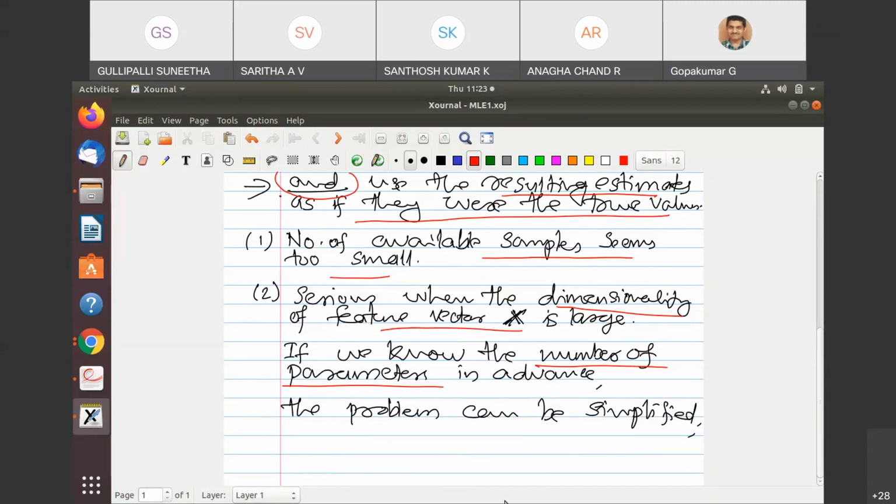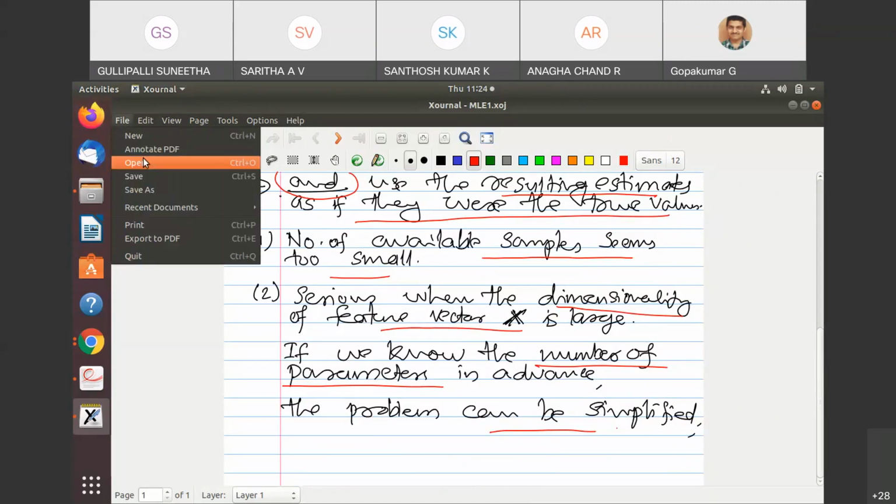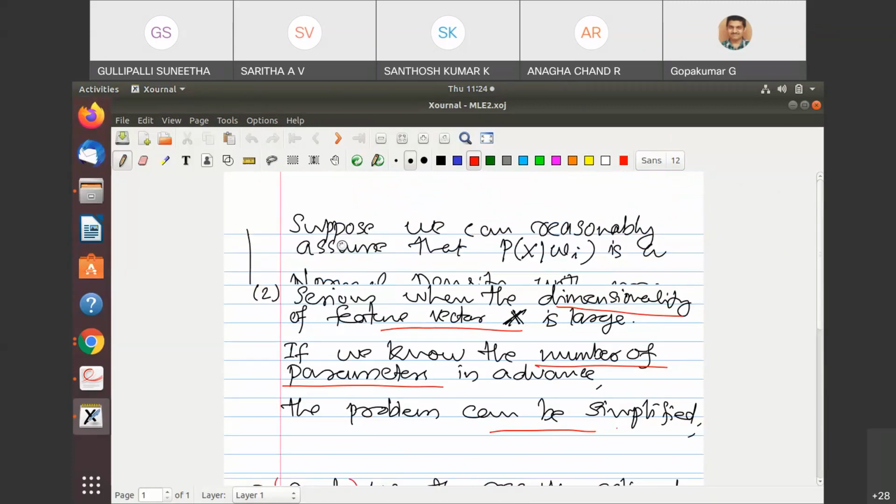Okay, so the problem can be simplified. Maybe we can simplify this particular problem with respect to these challenges.